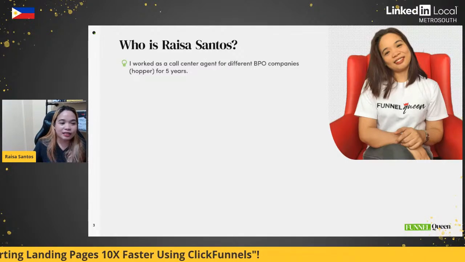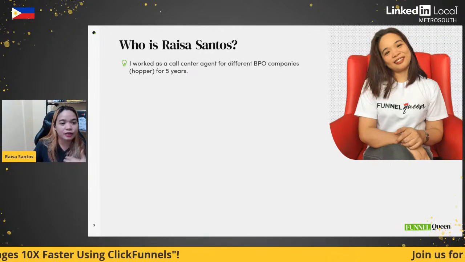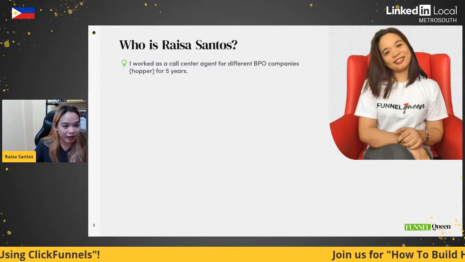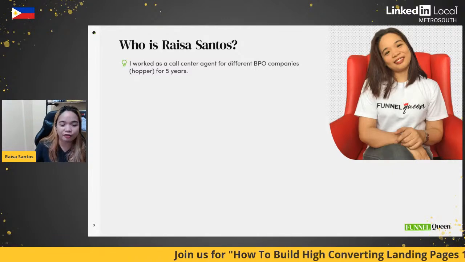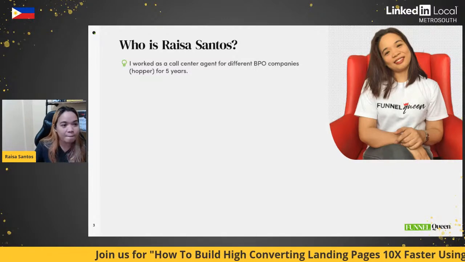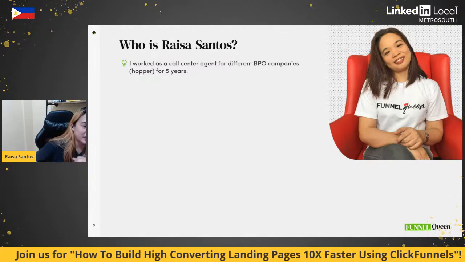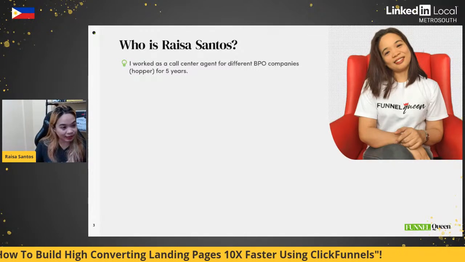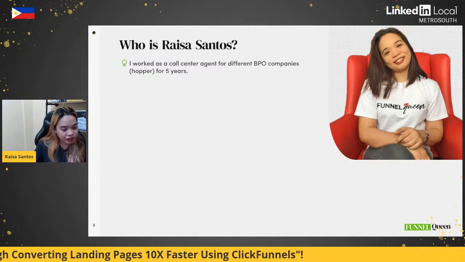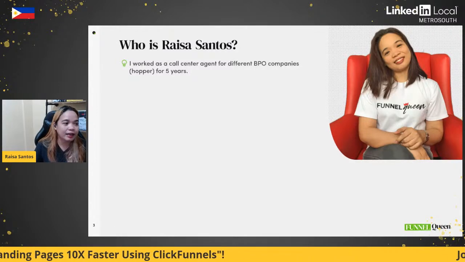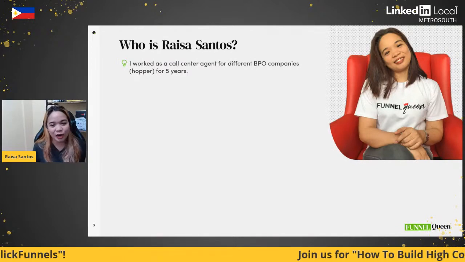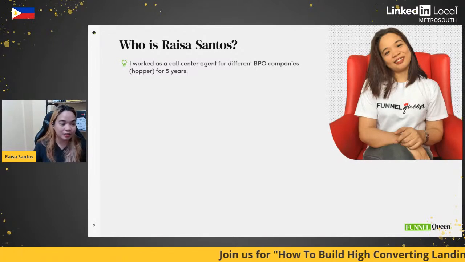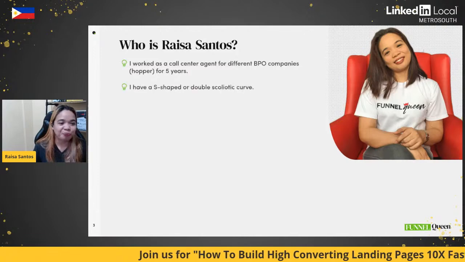I worked as a call center agent for different BPO companies for 5 years. So you can call me a call center hopper because I've worked with so many BPO companies before. I worked with Sitel, Convergys, Teletech, StarTech. Ang dami kong napasukan na call center before ako napasok as a freelancer.